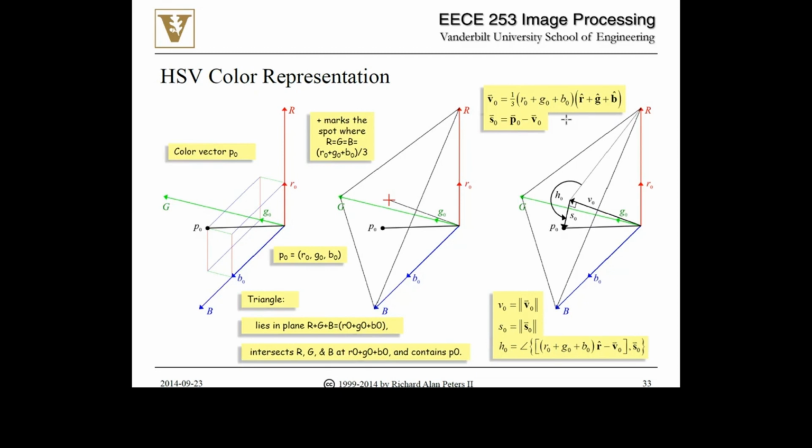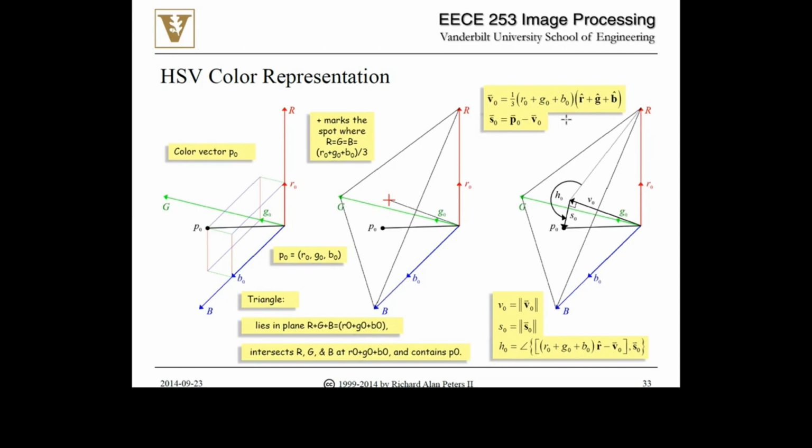And now we have to define the H. So the H is the angle between S0 and this vector. But what is that vector? Okay, that vector is V0. So this is the vector V0, and it starts here and finishes at the most red point of the plane.